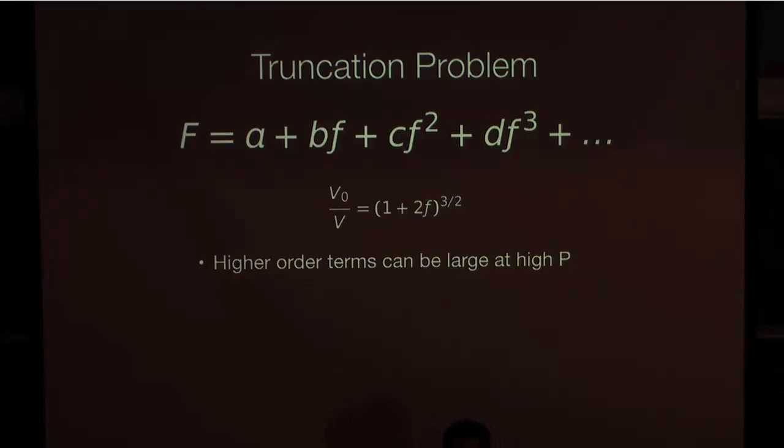I suddenly realized that I have to move pretty quickly to finish the ones that I like to talk about. Okay, so now the problems. This is fairly important: higher order terms are not necessarily small. Think about this: if you go to extremely high pressure, your volume at high pressure is much smaller than the volume at 1 bar, and this term goes really large with pressure.